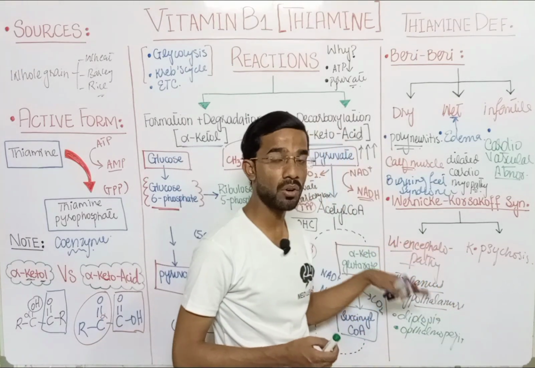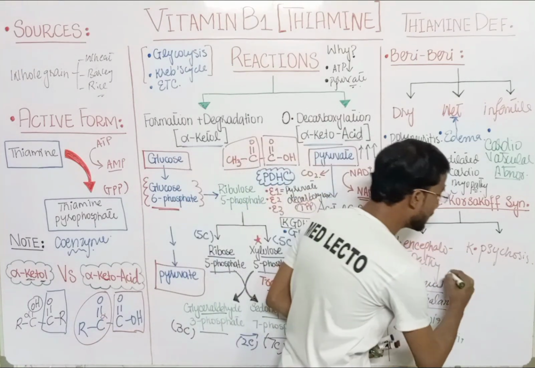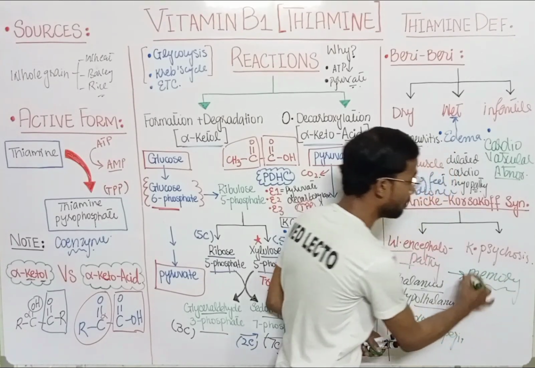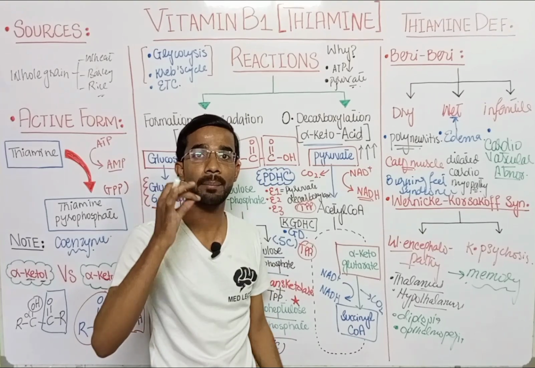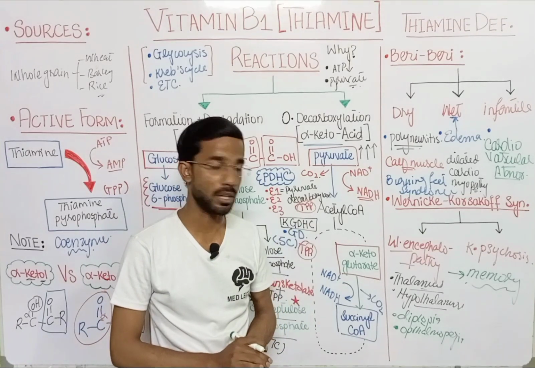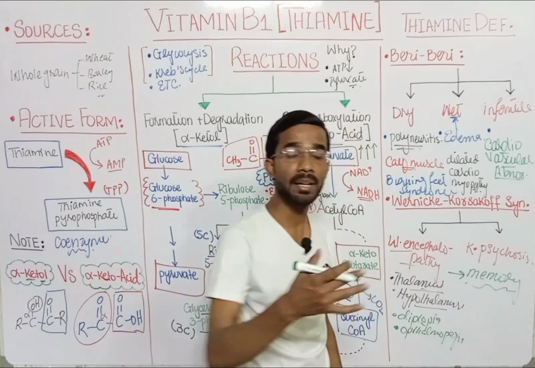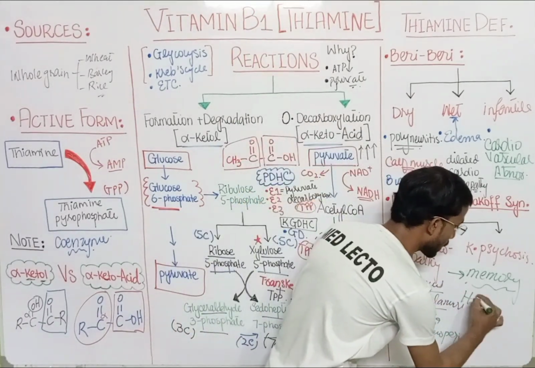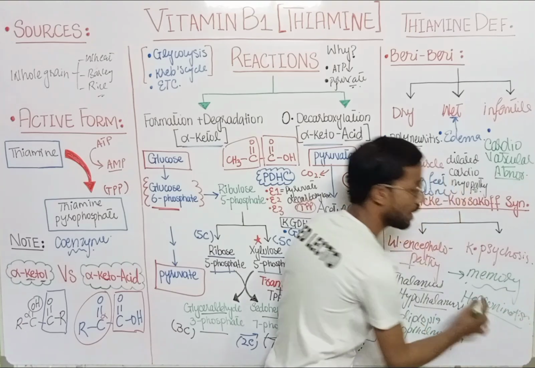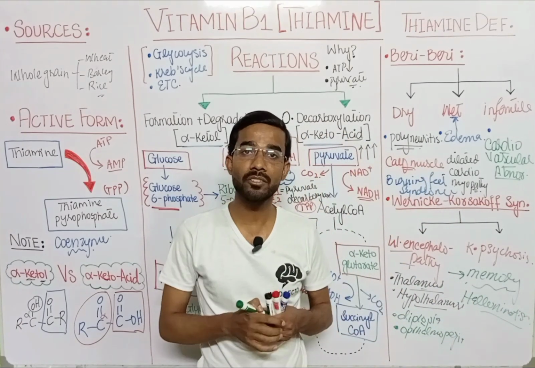In Korsakoff psychosis, you will see damage to the part of the brain related to memory generation. In this case, you will see hallucination, both visual and auditory.